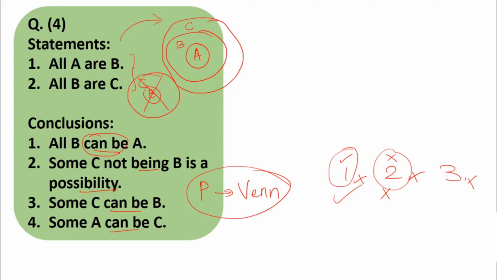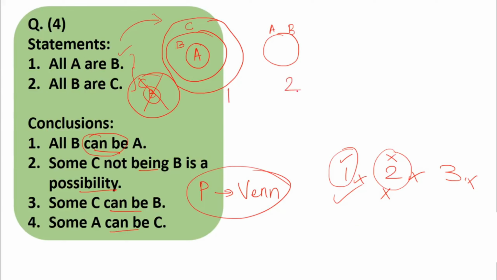But we already know that all A are B. This statement can also be written this way: A, B. Now here the condition gets satisfied. All A are B, this statement gets satisfied, and at this point what we can say? All B can be A. So we have two Venn diagrams.